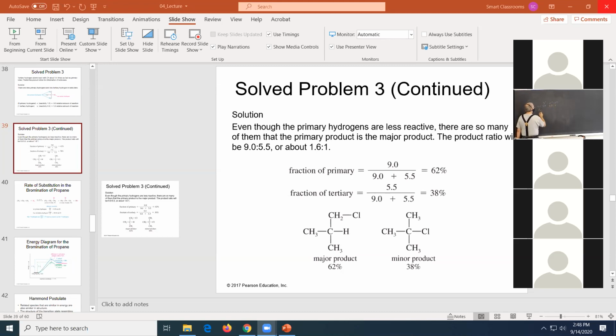Okay, for bromine, those reactivities are 1,600 to 97 to 1. So a tertiary hydrogen is 1,600 times more reactive than a primary hydrogen toward bromination.